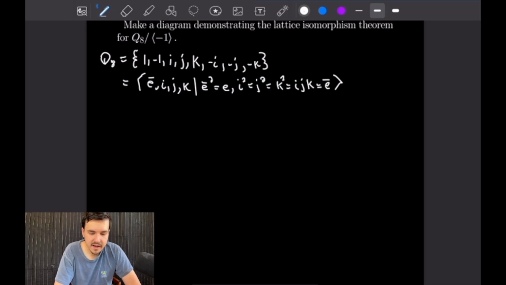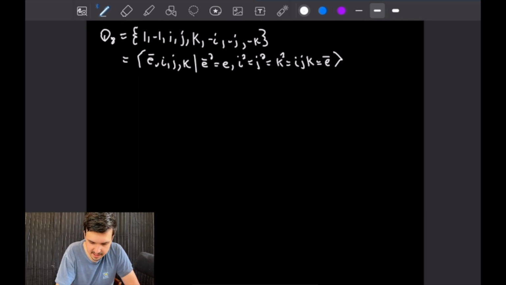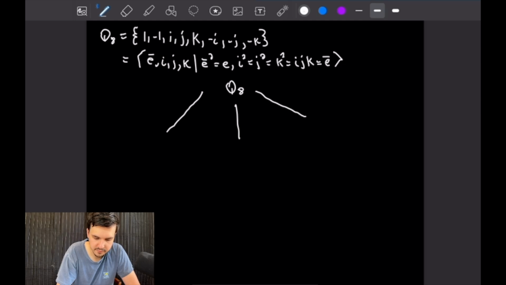With this in mind, let me draw out a diagram demonstrating the lattice isomorphism theorem here. I'll start at the top with the entire group Q8. From here, we have the following subgroup lattice, where each branch is a subgroup generated by the respective element: the subgroup generated by i, then j, and then the subgroup generated by k.